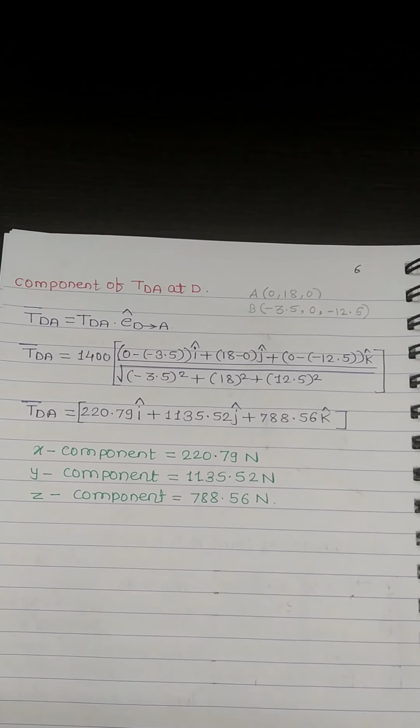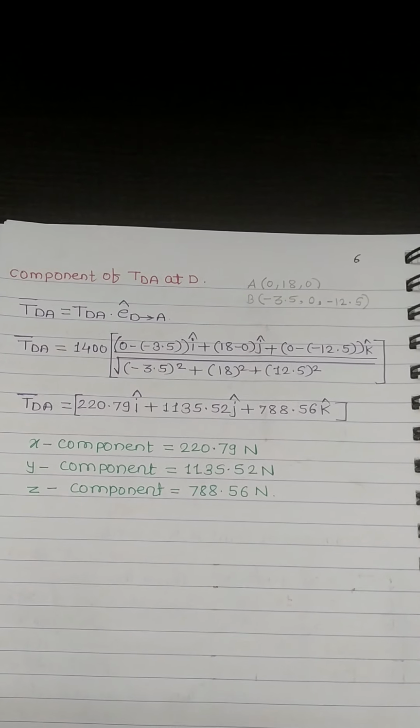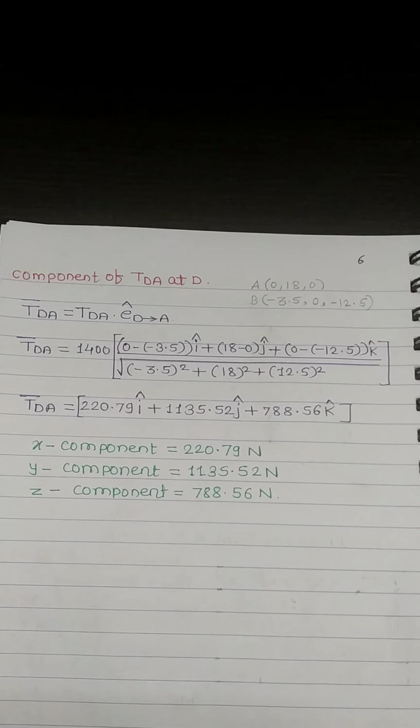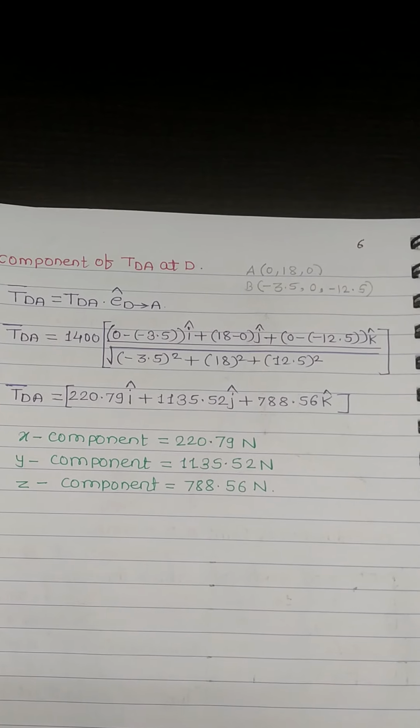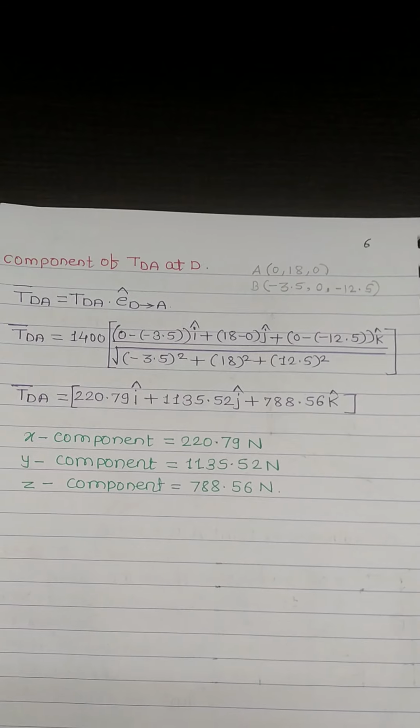The component of the force TDA at point D is also asked. So the coordinates of A are 0, 18, 0 and the coordinates of D are minus 3.5, 0, minus 12.5.